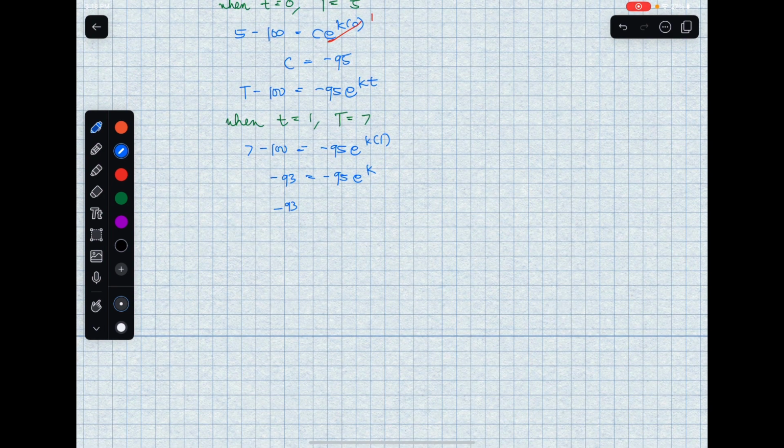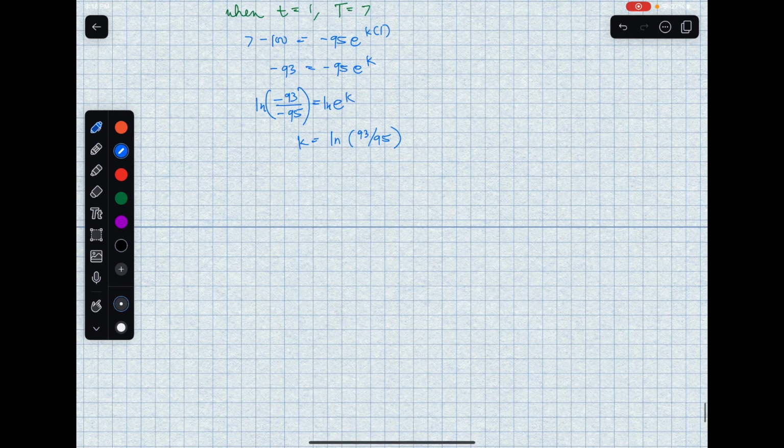So negative 93 over negative 95 equals e^k. Take ln of both sides, so k is ln of 93 over 95. Finally, our working equation would be T minus 100 equals negative 95 e raised to t ln of 93 over 95.